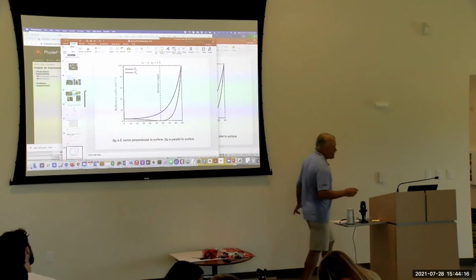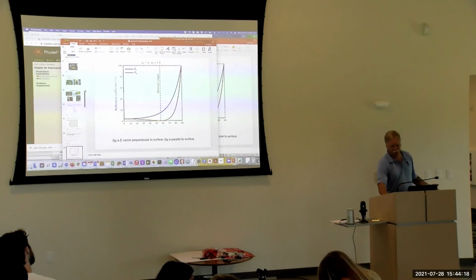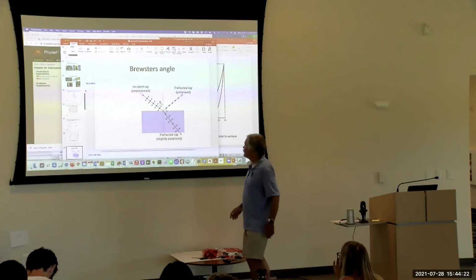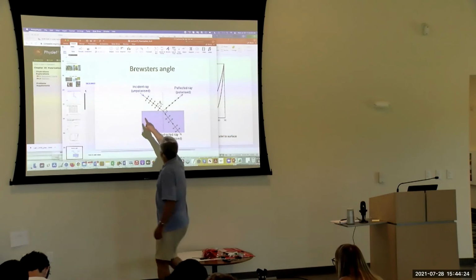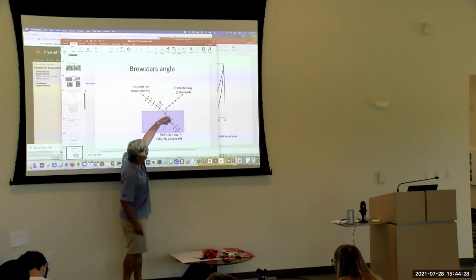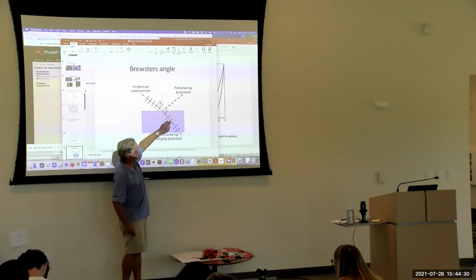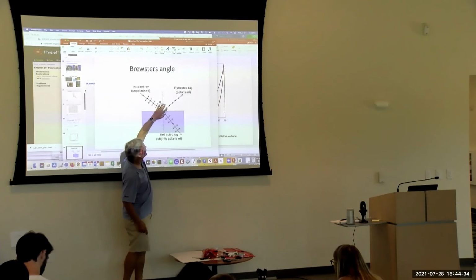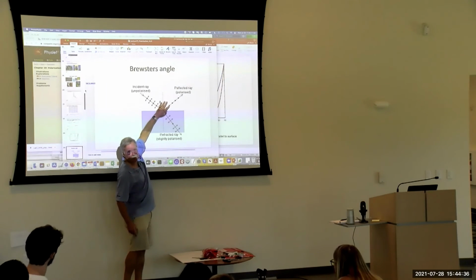You can explain that in the same way I just showed you for Rayleigh scattering. We talked about unpolarized light coming in like this. When it gets refracted into the surface, Brewster's angle is the angle where the refracted ray is along the direction of the reflected ray.